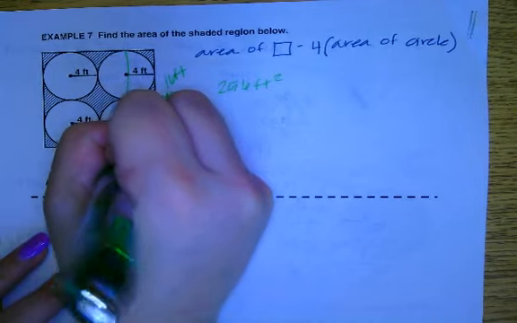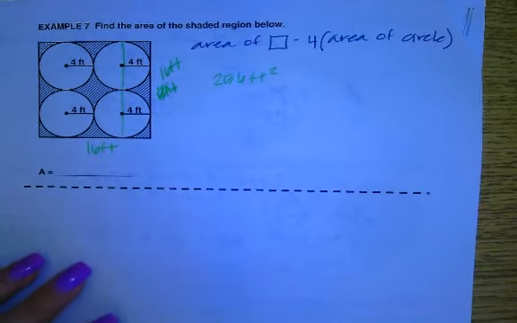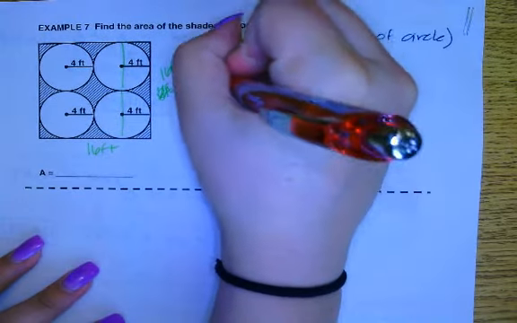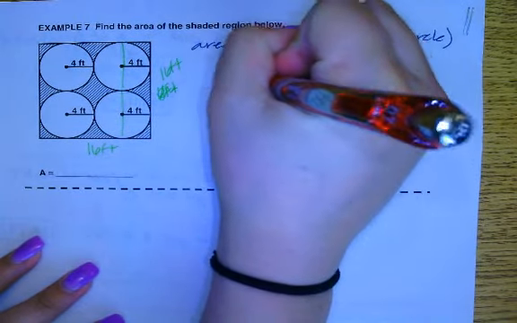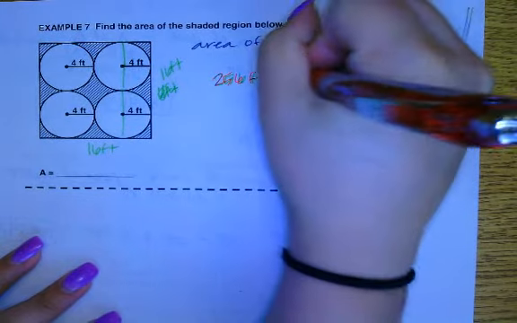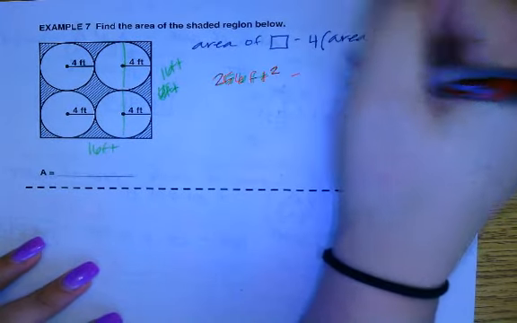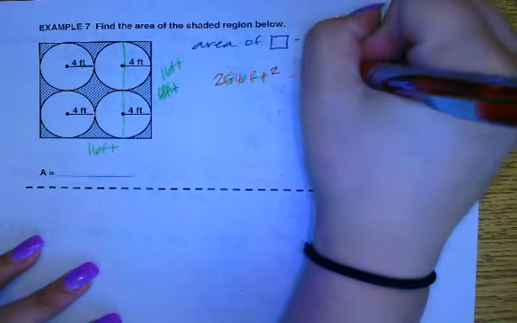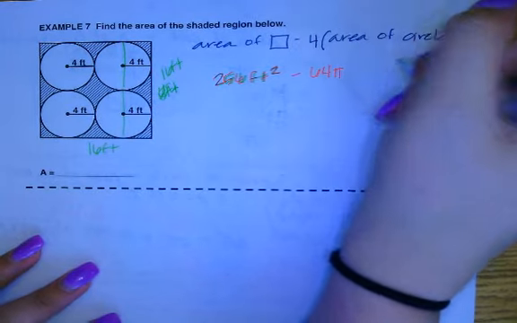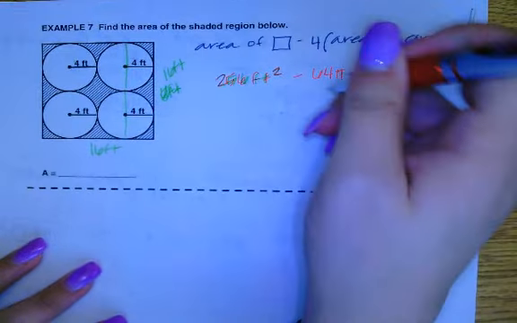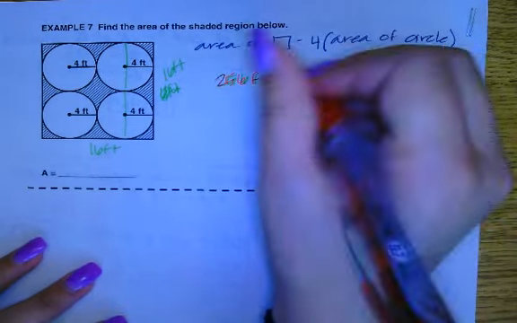What is the area of your 4 circles? 64 pi. And when you subtract the 2, let's round to the nearest thousandth. 54.938 feet squared. Oops. Any questions?